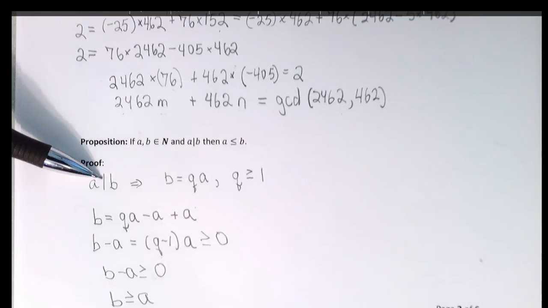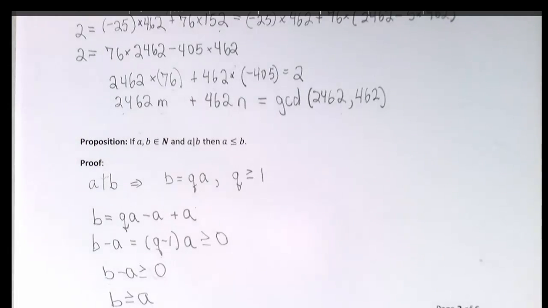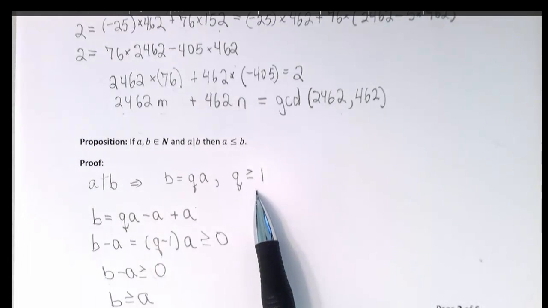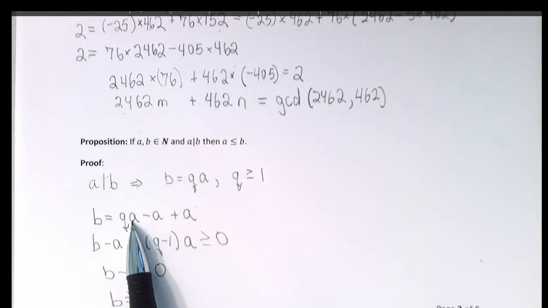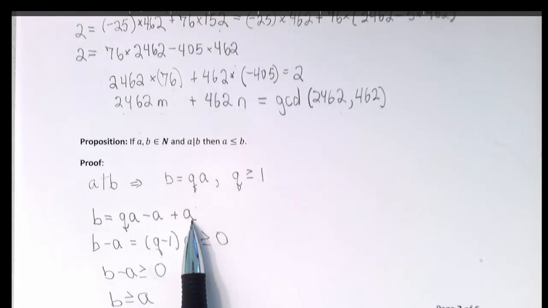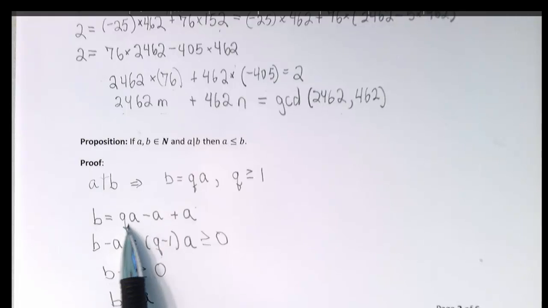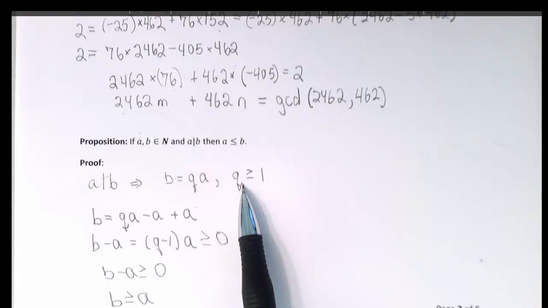If a divides b, then it must be the case that b is equal to some quotient q times a, where that quotient is an integer that's greater than or equal to 1. Well, b then is equal to q times a plus 0, but we'll write 0 in this way, minus a plus a. Subtract this a from both sides to get this expression here after factoring the a off from the other two terms. Well, we know that q is at least 1, and it's an integer.